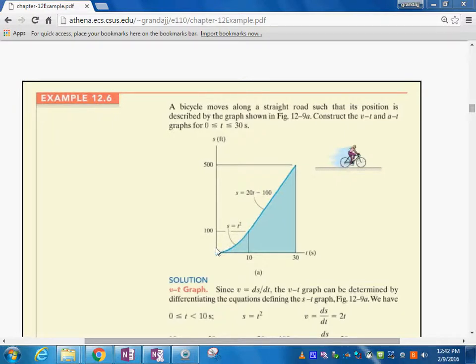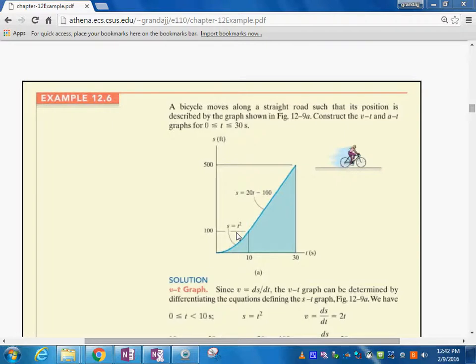And then over here, the change in the velocity is constant. So you can see that this is a function like a parabola that says that s equals t squared, and then the one over here is a straight line.